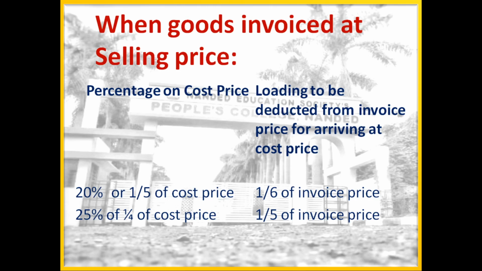The account may be compared to the shadow of a person which moves with the person. Here the loading comes with stock and goes with stock. This is a very important sentence, that is, the account may be compared to the shadow of a person which moves with the person. Here the loading comes with stock and goes with stock.